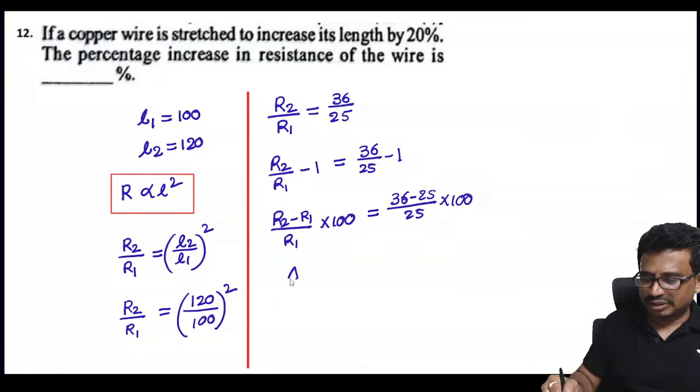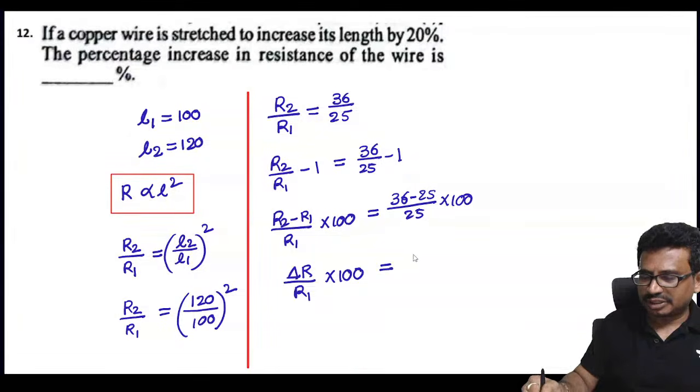This is nothing but the percentage change in resistance, which is equal to 11 by 25 into 100. So 25 fours, which will come to be 44%.